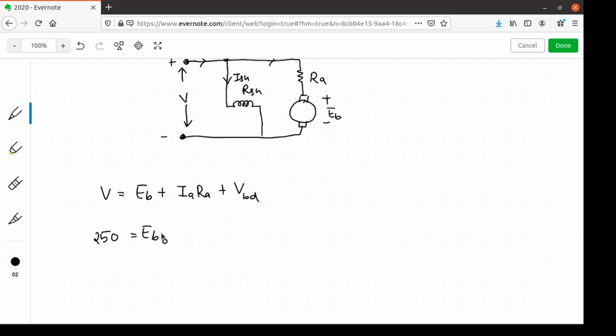Let's take it as EB0 for the no load condition, plus IA for the no load condition is 5 amps and RA is 0.2, plus VBD is the total brush drop. We have 2 brushes here and the voltage drop per brush is 1 volt. So the total voltage drop will be 2 volts. We'll solve for EB0 from this. EB0 equals 250 minus 5 times 0.2 is 1, minus 2. So that is equal to 247 volts.